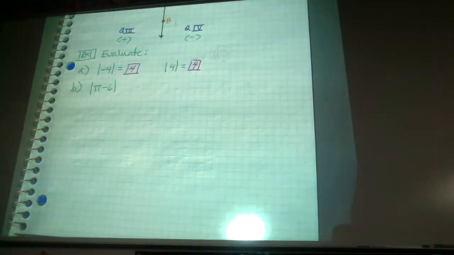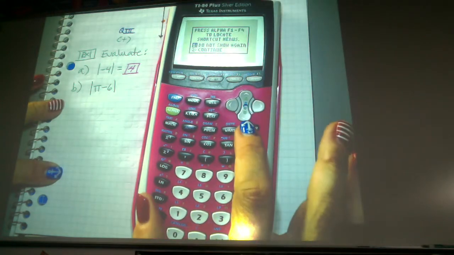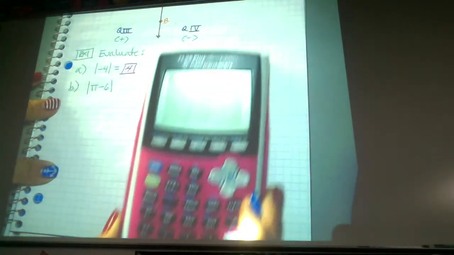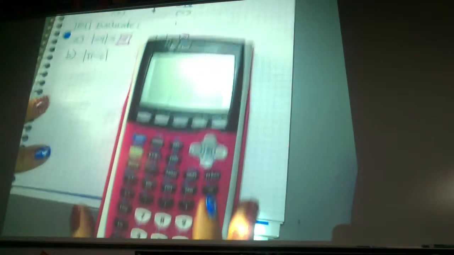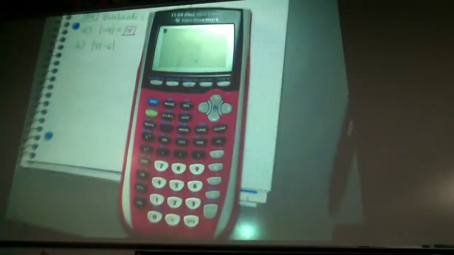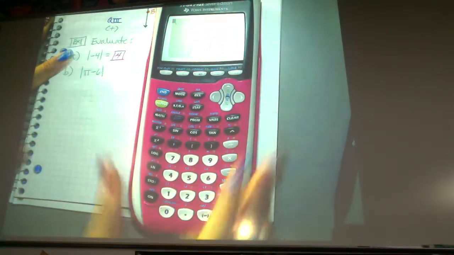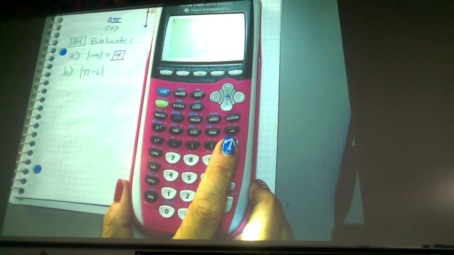So you can take your handy dandy calculator and we could figure that out, because technically, if I found out what pi minus 6 was, I could take, you know where your pi button is on your calculator? It's right above the caret, and it's in blue, so you get to it with the second function key.